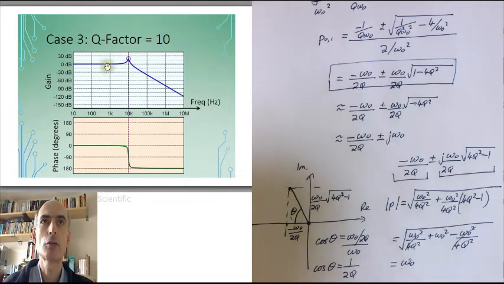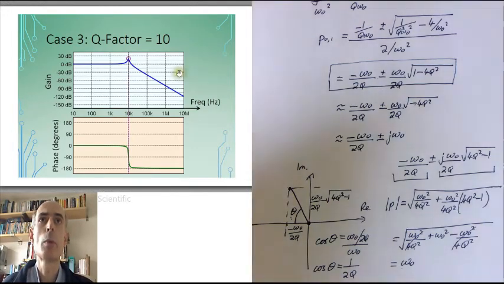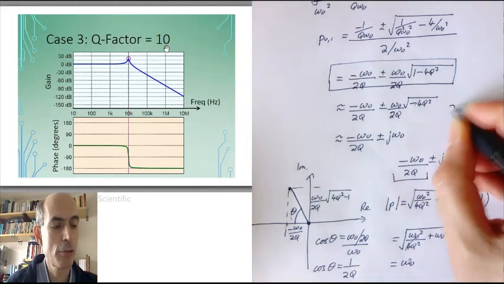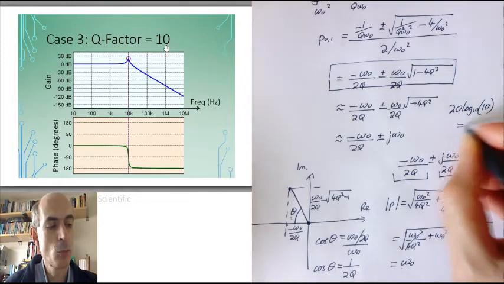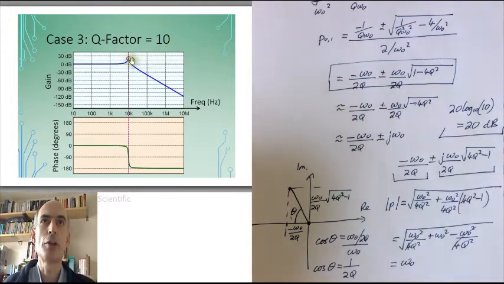They would meet at the resonant frequency, and the gain at the resonant frequency is just the Q factor itself, expressed in this case in dBs. So here, where we have a Q factor of 10, the gain in dBs at the resonant frequency would be 20 times log to the base of 10, which is just 20 dBs, which is what we're seeing here.